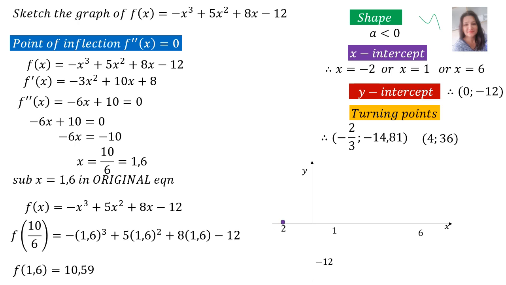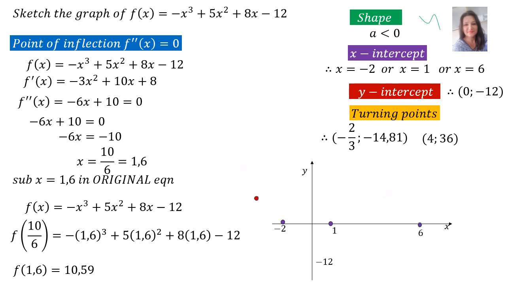You will see the shape will be a descending graph, and then in flew the first x-intercept at -2, and then your other x-intercept is at 1, and the other one is at x = 6.